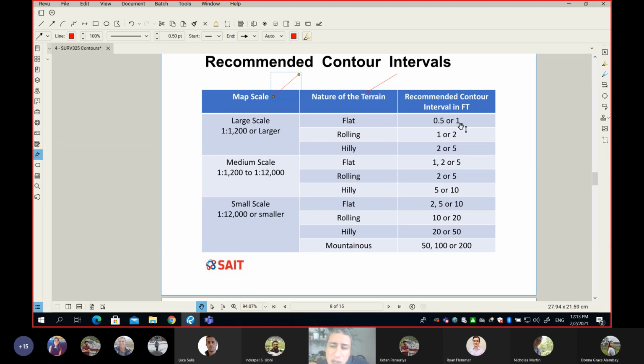This is metric, about 0.15 centimeter to 30 centimeter. Let's go to the other extreme. If I'm creating a map and the scale is 1 to 12,000 or smaller, and the ground is mountain, in this case, you're going to use 50 feet or 100 feet. 100 feet is simply 30-meter vertical spacing between those virtual planes.